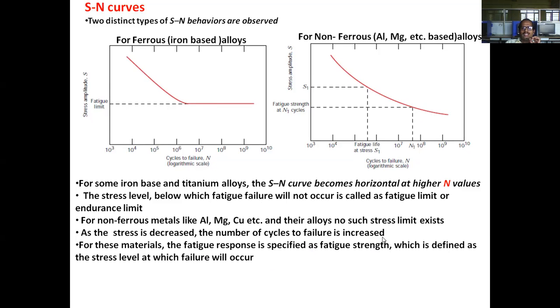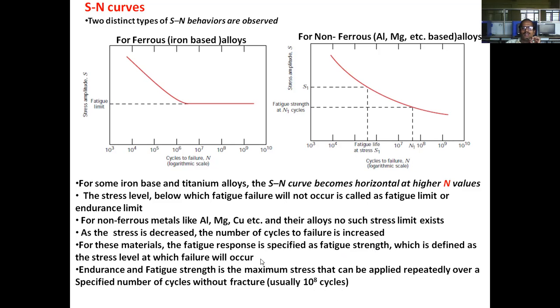So fatigue strength is defined as the stress level at which failure will occur after a specified number of cycles. It's shown over here. At a particular stress, the material will survive so many cycles. Understand? This is the way to express fatigue strength for non-ferrous materials.